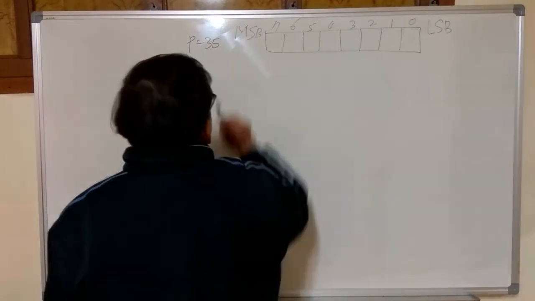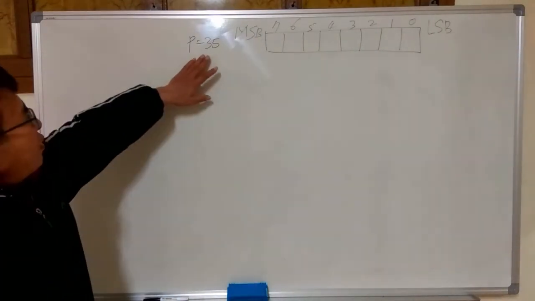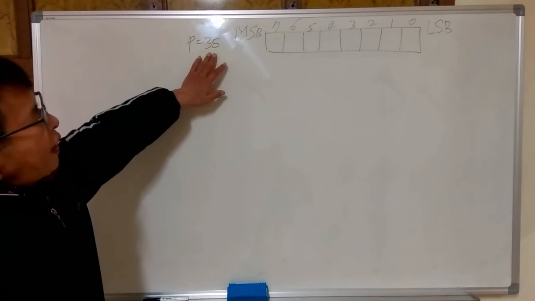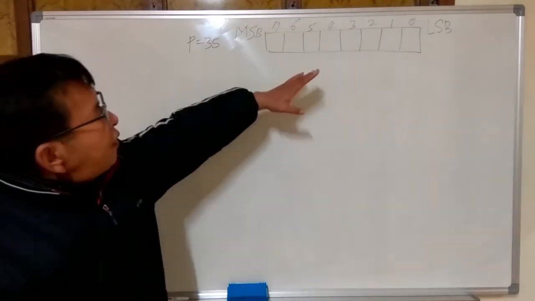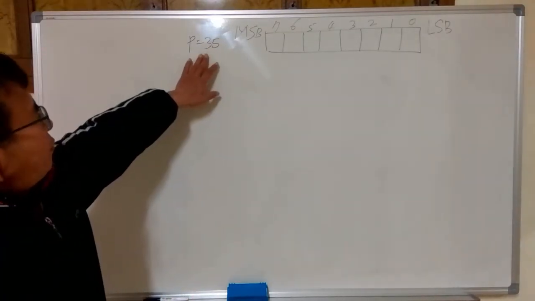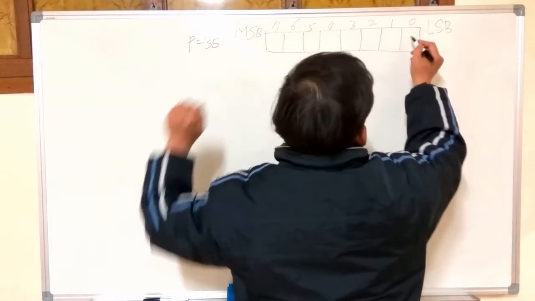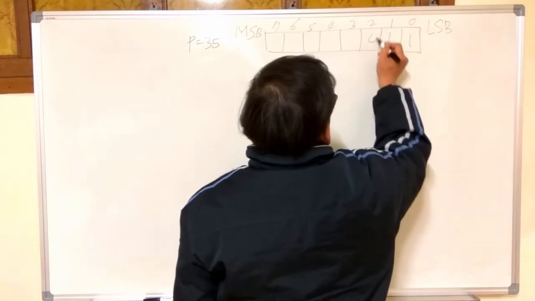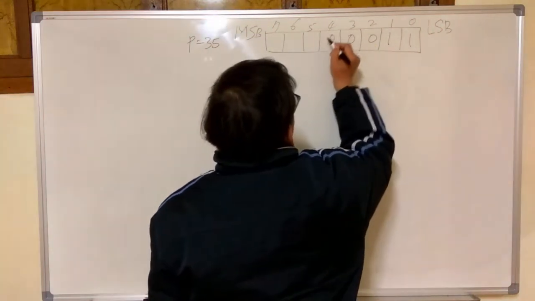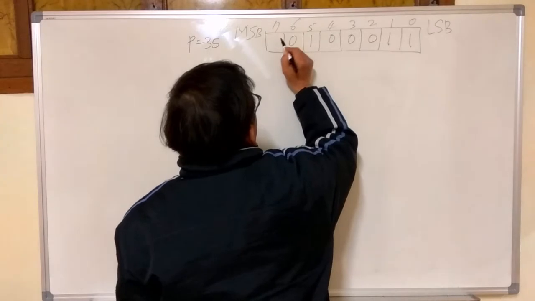If we represent number 35 as a binary number, this integer 35 will be represented in binary digits like this: 1, 1, 0, 0, 0, 1, 0, 0.